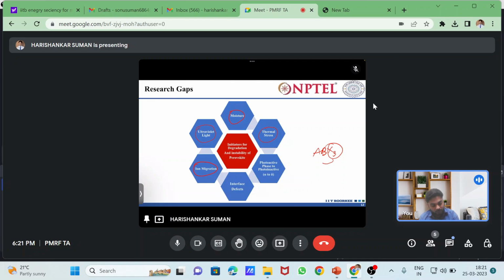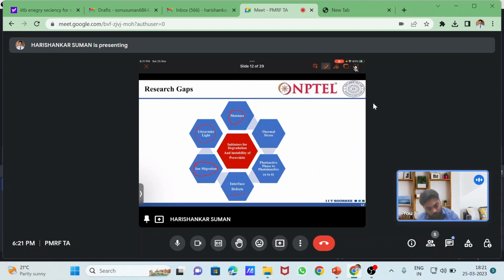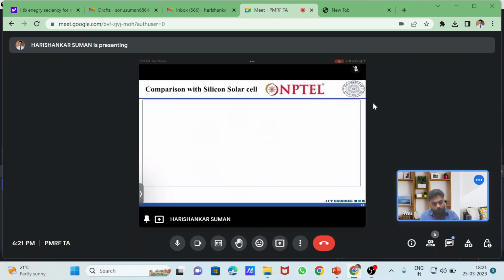So this is another issue, and defects, and alpha to delta phase change. So many issues like that. So due to this nature, perovskite is easily degraded in the presence of moisture. Okay.